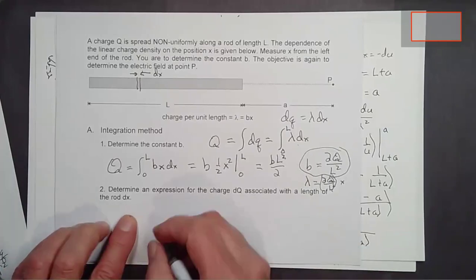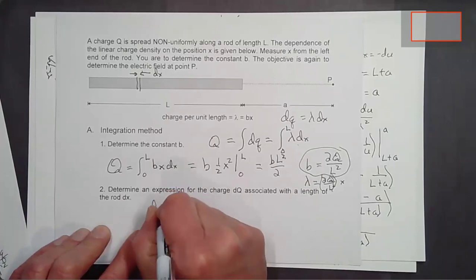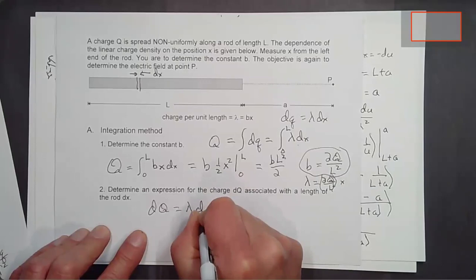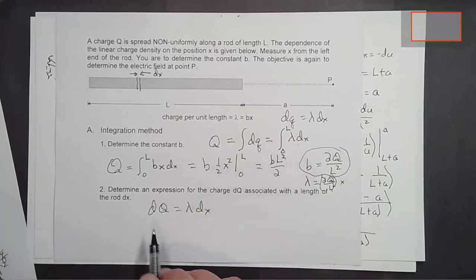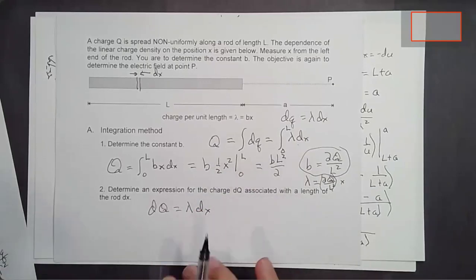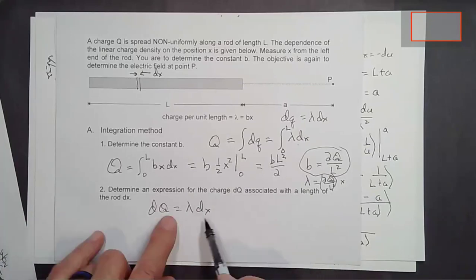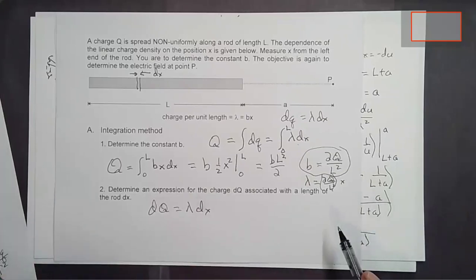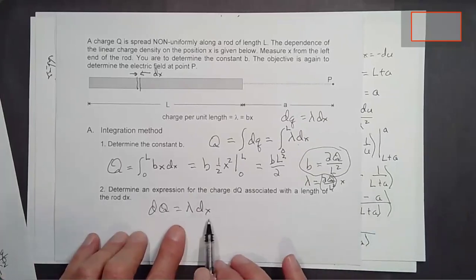Well, dq is equal to lambda dx. Try to get used to that idea. Soon we're going to be doing not just length charge density, but we'll start doing areas and volumes, but it'll still work for a while.